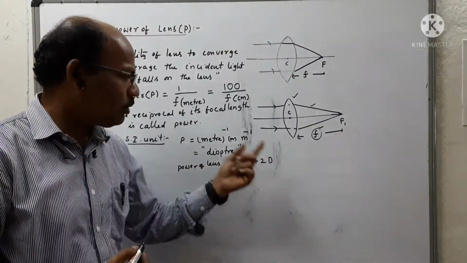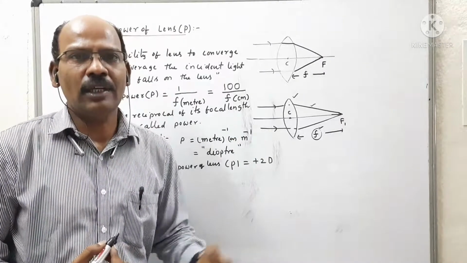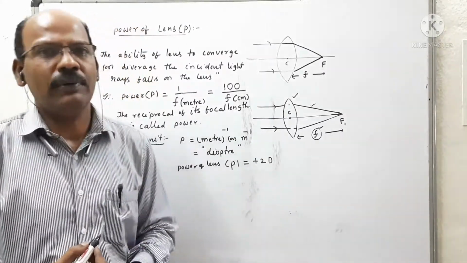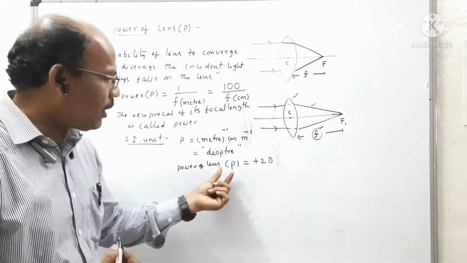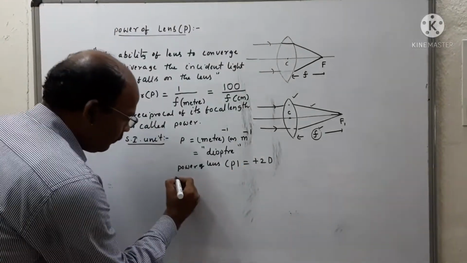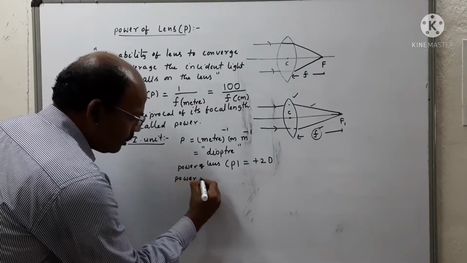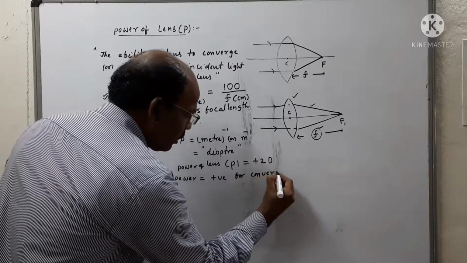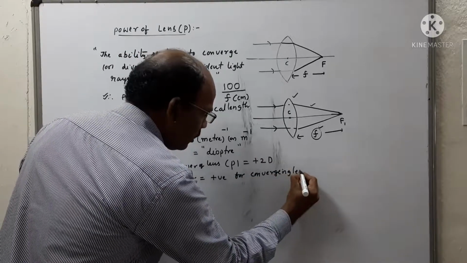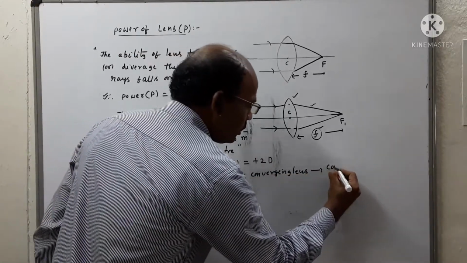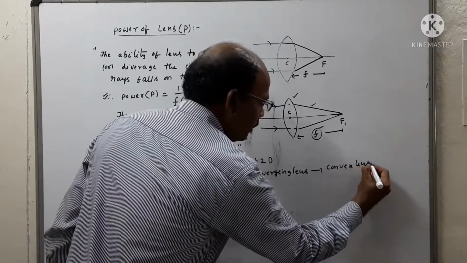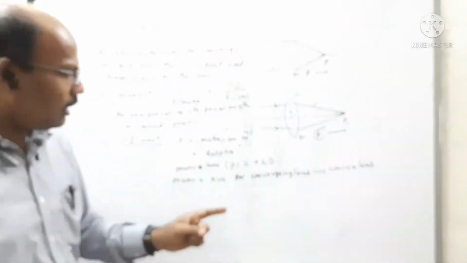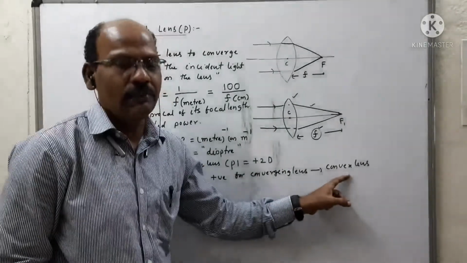So the power of a lens can be plus 2 diopter, minus 2 diopter, plus 1.5 diopters, or minus 1.5 diopters. Here the power is positive for a converging lens. Converging lens means convex lens. If the power is represented in plus diopters, then the lens is a convex lens.